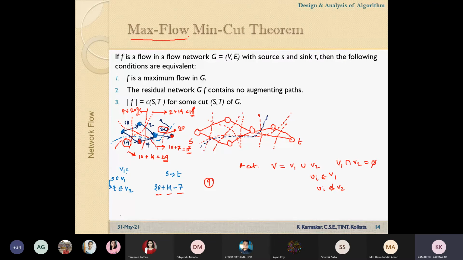So in our case, with this example, we have found that there are multiple cuts, and for each and every cut we have calculated the cost. After calculating this cost, now for which cut this value is minimum, that is the maximum flow of this network. So this is the max flow min cut theorem.